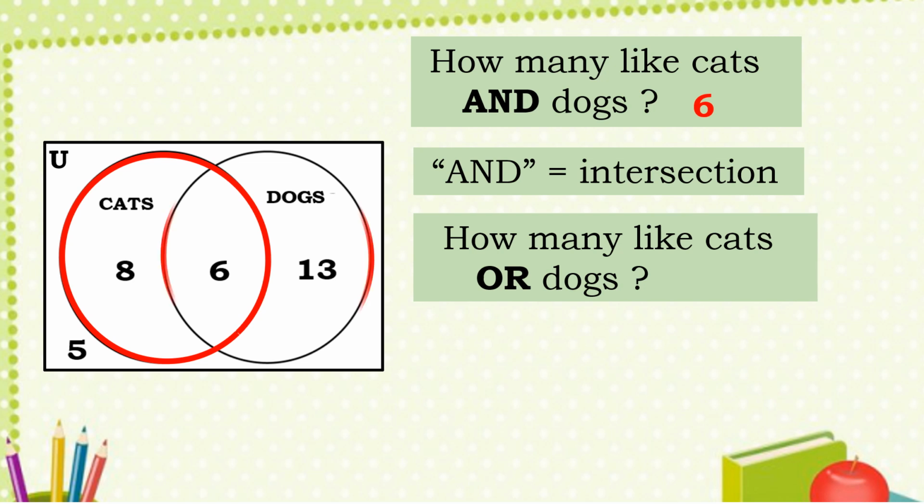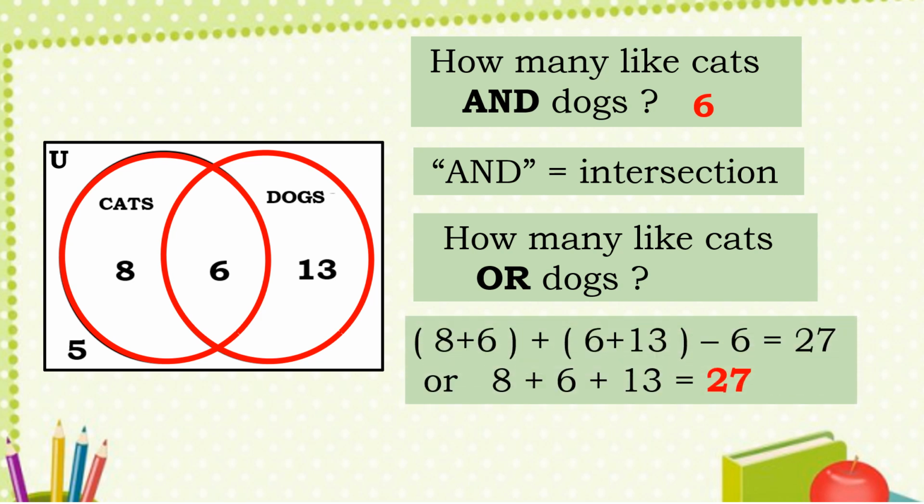So when we add them, 8 plus 6 plus 6 plus 13, as you can see, I have a double 6, so we need to subtract 6 from the sum of the two. So I got here 14 plus 19 minus 6 equals 27.